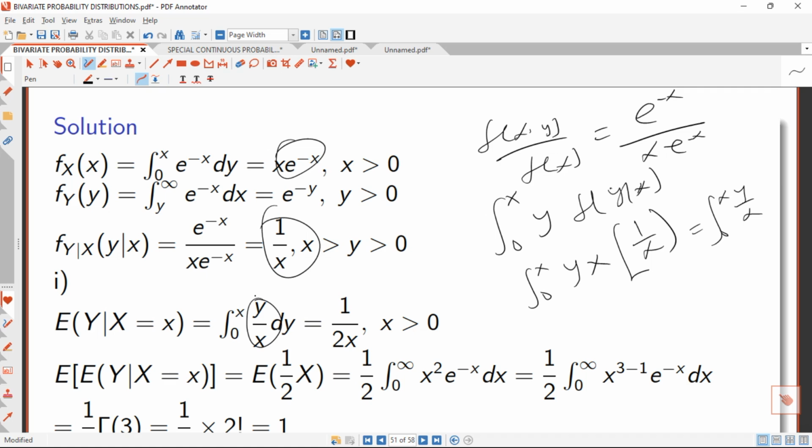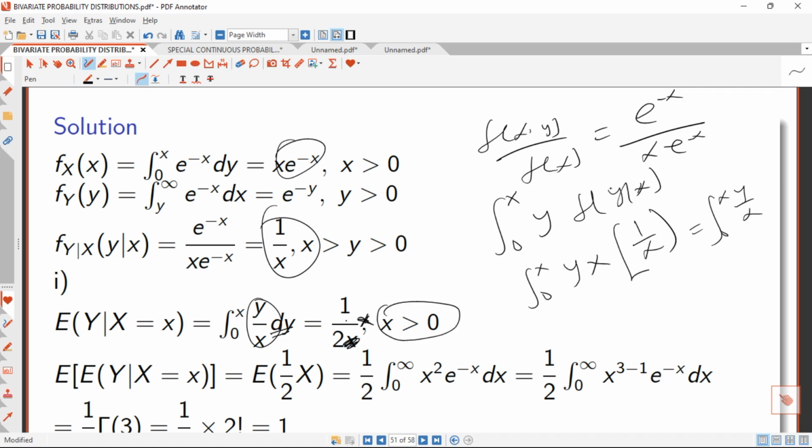So if you integrate the whole of this with respect to y, we are going to get our final answer. I'm sorry, there is a mistake here. We are going to get 1 over 2 times x. It's not 1 over 2x, where x will be greater than 0.